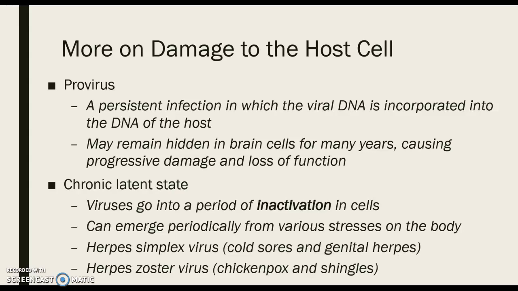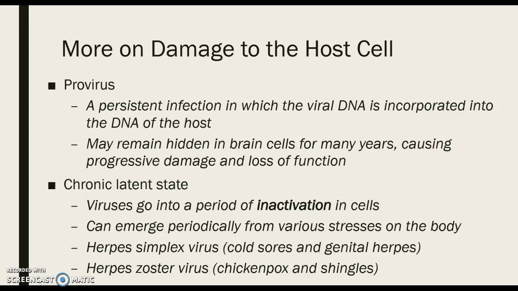You guys probably have seen lots and lots of commercials related to a very common type of virus that goes into the chronic latent stage, which is chickenpox and shingles. It can emerge periodically from various stresses in the body. One example is herpes simplex virus, which are cold sores and genital herpes.